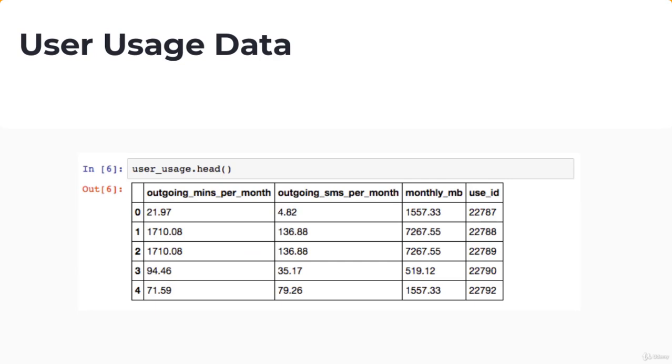So this is an example of a data frame in which we have the user usage data of an Android device. There is the outgoing minutes per month and outgoing SMS per month. We have the monthly MBs of data usage and the user ID, which is in this particular example the primary key, and which specifies the exclusiveness of each user, and that is how we will uniquely identify them based on their user ID.